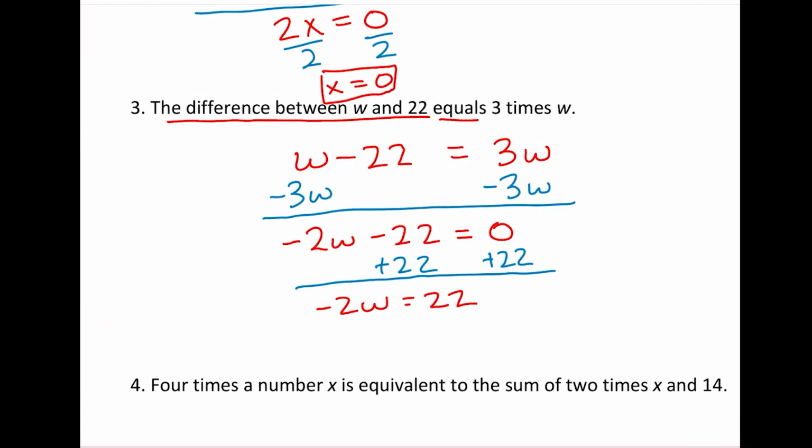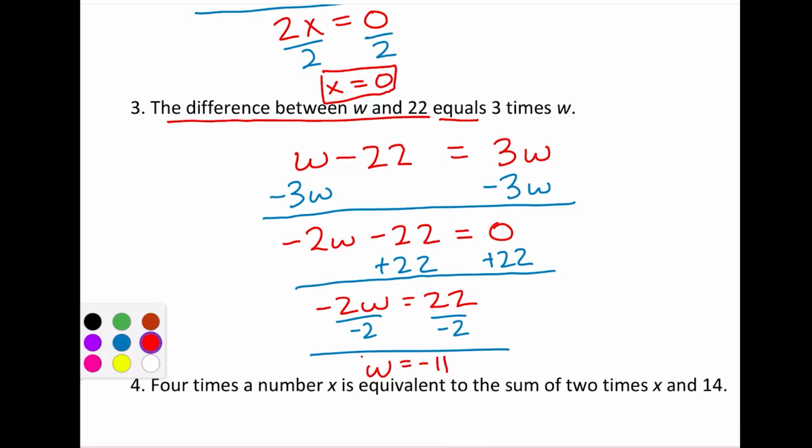And then finally, we divide both sides by negative 2. So w is negative 11. I definitely want to encourage you to use your calculator as you're working these out. You're going to have access to it, so you may as well take advantage of it.